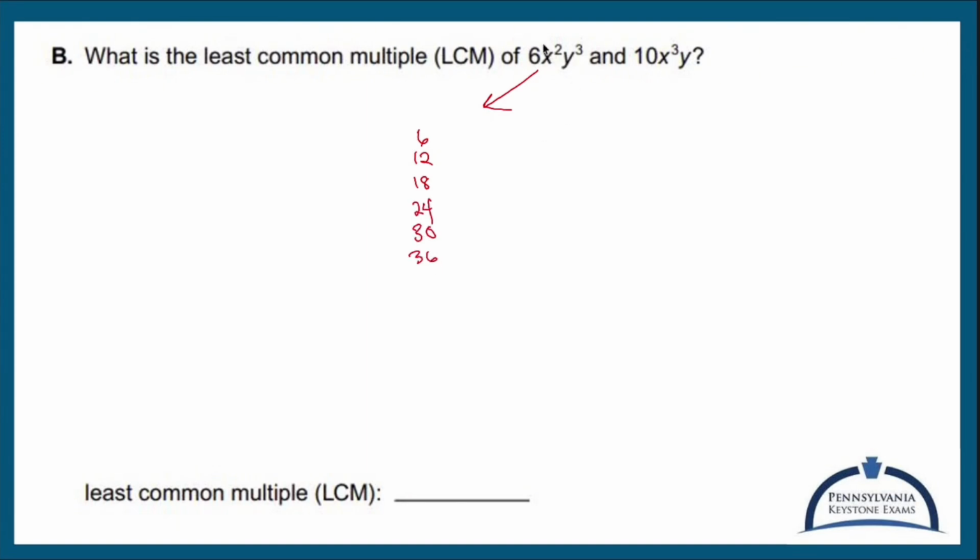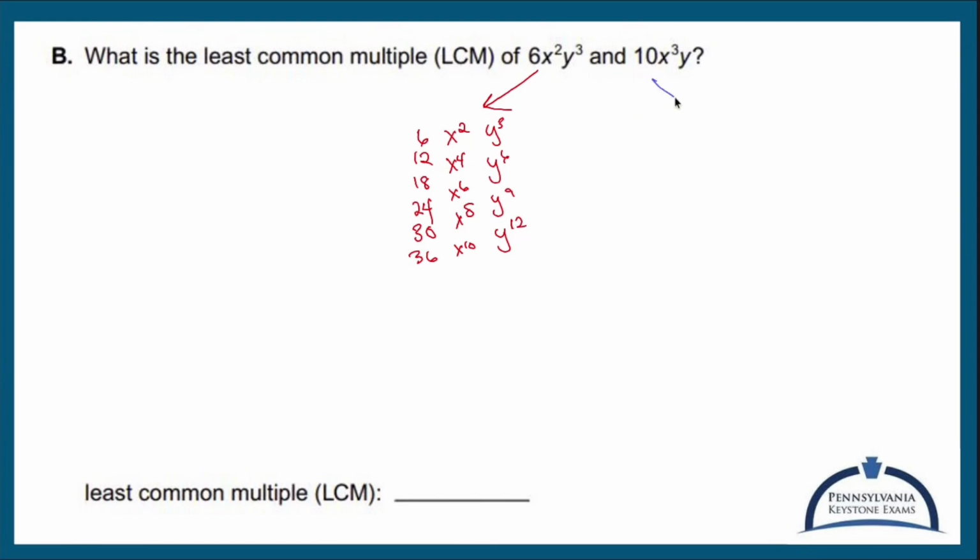Let's take a break. All the multiples of x squared could be x squared, x to the 4th, x to the 6th, x to the 8th, x to the 10th, and y cubed could be y cubed, y to the 6th, y to the 9th, y to the 12th, and we'll take a break after that.